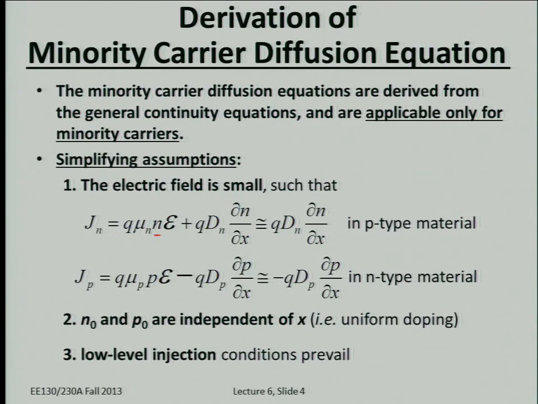If the electric field is also small, then the drift term is negligible compared to the diffusion term. So bottom line is, current due to drift is negligible compared to current due to diffusion. And for that reason, these are called the minority carrier diffusion equations.